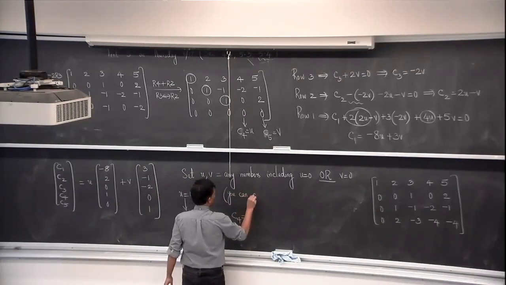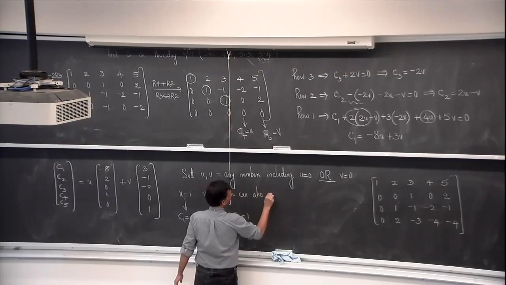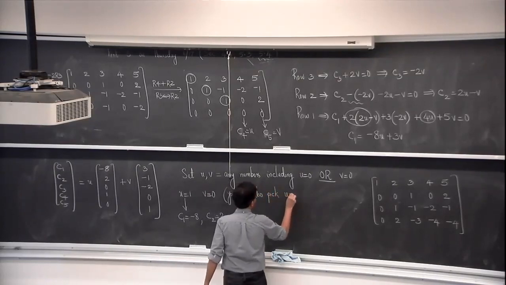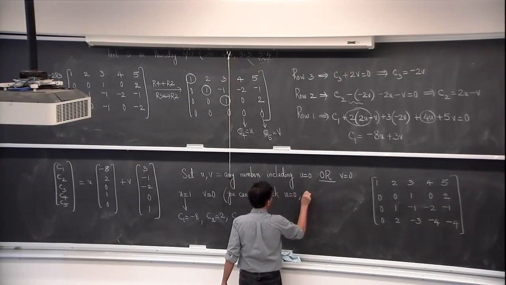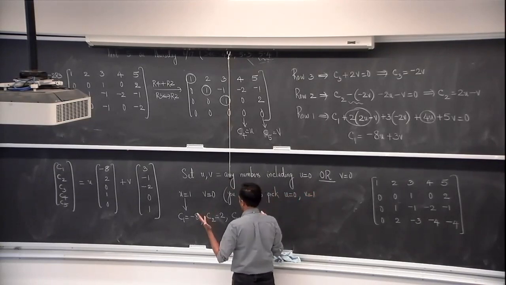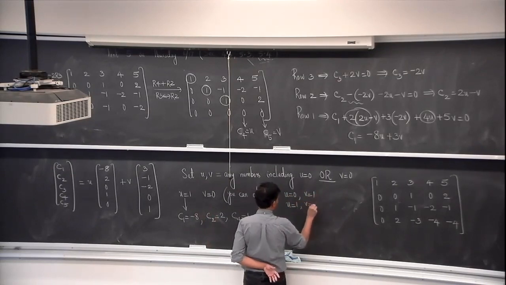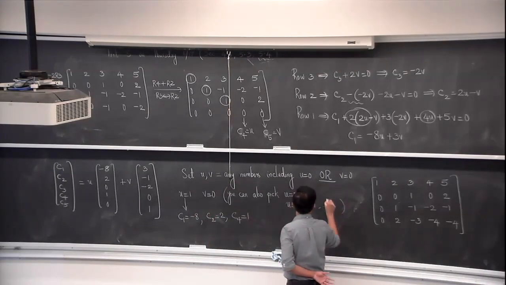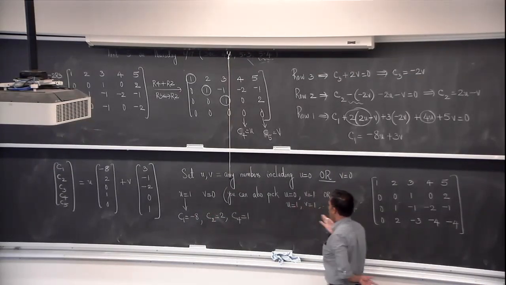So you can also pick u equal to 0, v equal to 1, or if you are really in a mood to give non-zero numbers everything, you can put u equal to 1, v equal to 1, and so on. All these are or, not and.